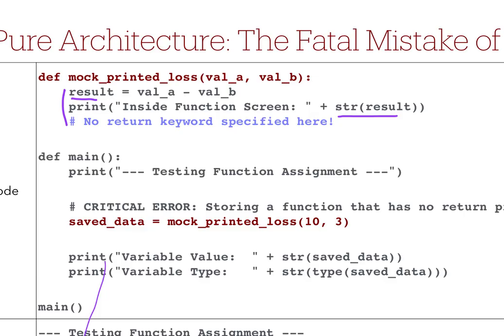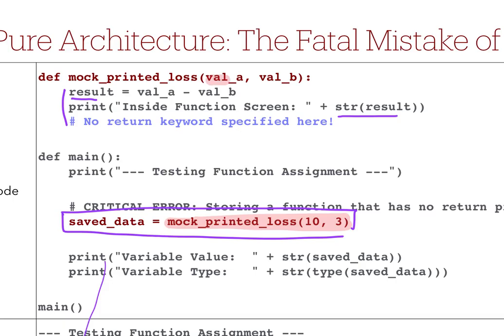So if you have a syntax like this, a certain variable name on the left hand side of the equals sign, and on the right hand side you have the function call, then at that point this 10 and 3 will be given to this function. The right hand side will be evaluated.